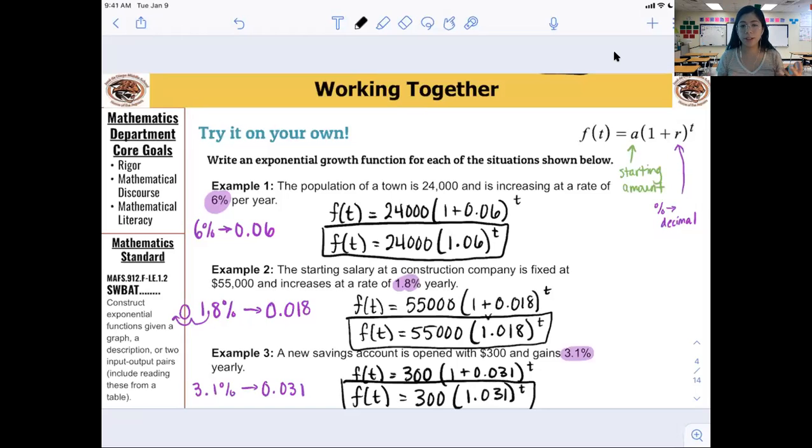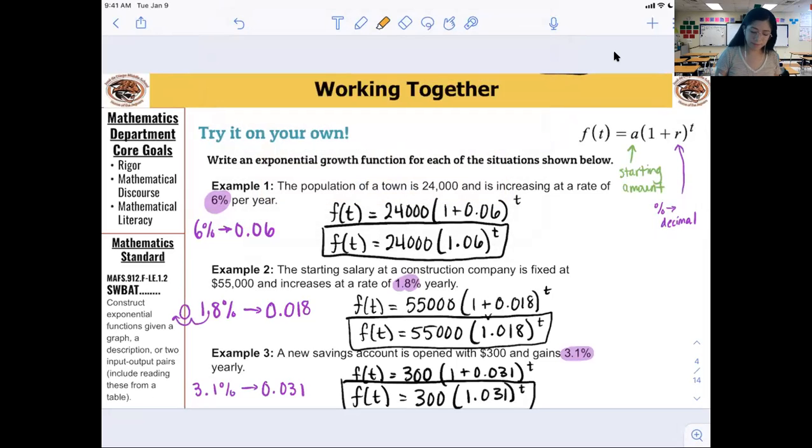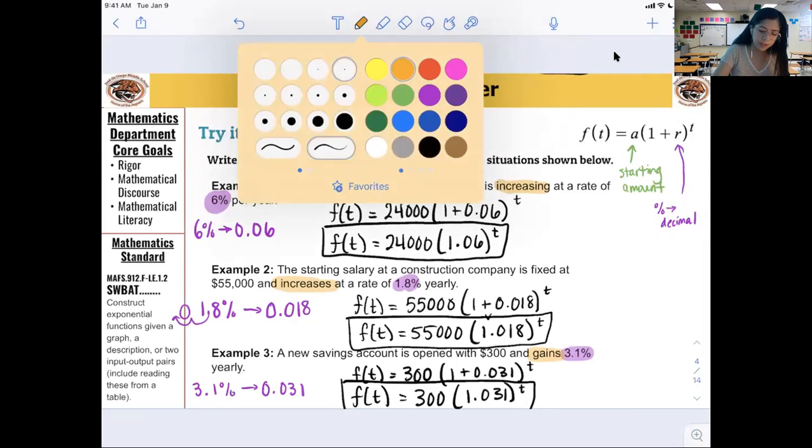Well, you can actually read it off of the problem, but is this growth or decay for all 3 of them? Decay. Okay, read the word problem. Where do we see a key word? Oh no, it's growth because of increased and gains. Good. It's increasing, gaining. Okay, so all 3 of these are growth functions.